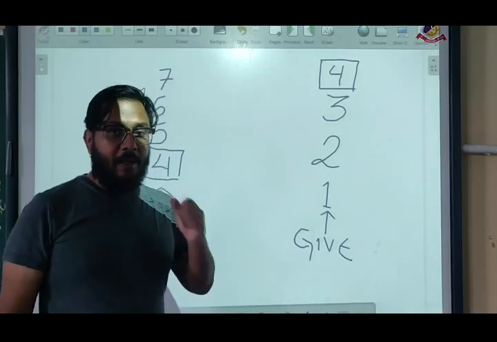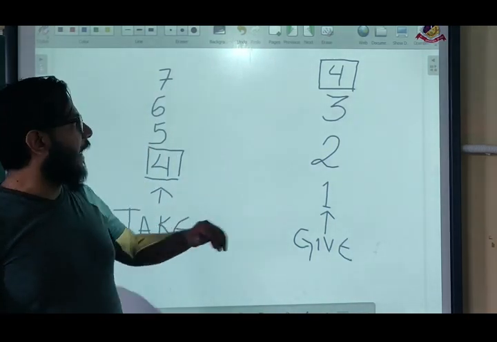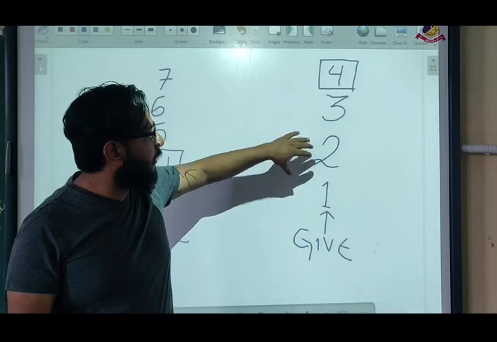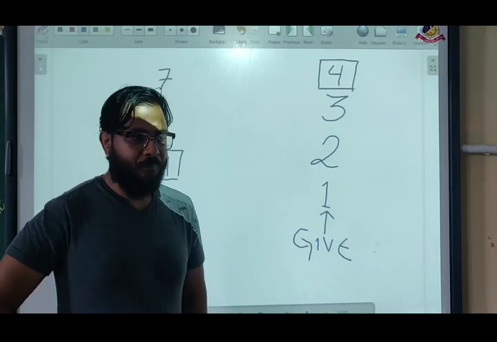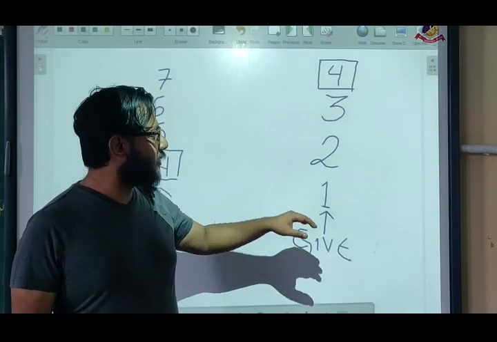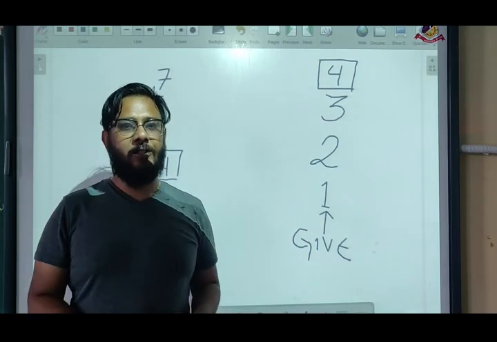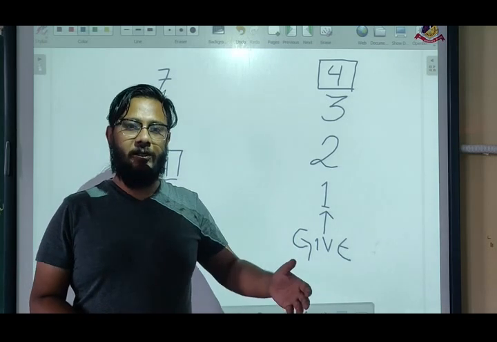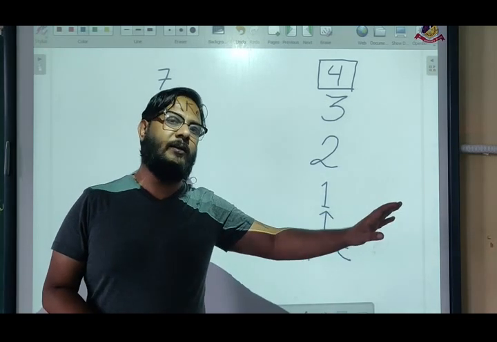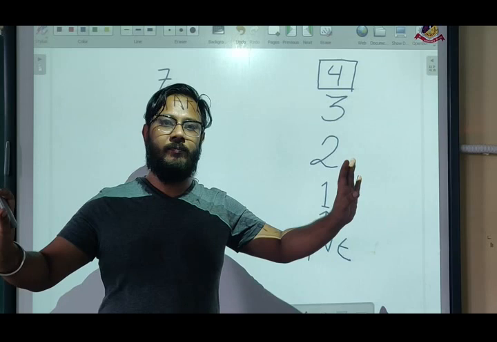So elements which has 1, 2, 3 and 4 electrons in the outer shell, they give the electron. They just say, take it. I want to be stable. Okay?